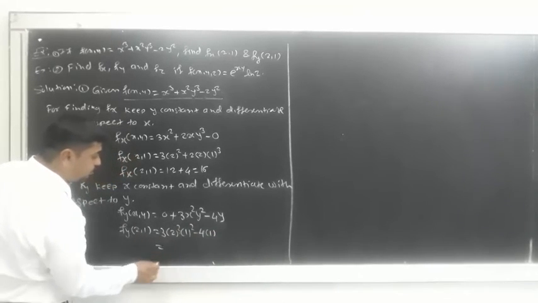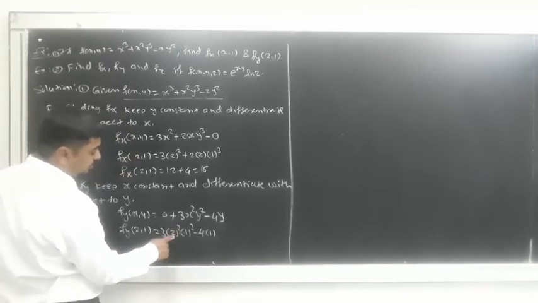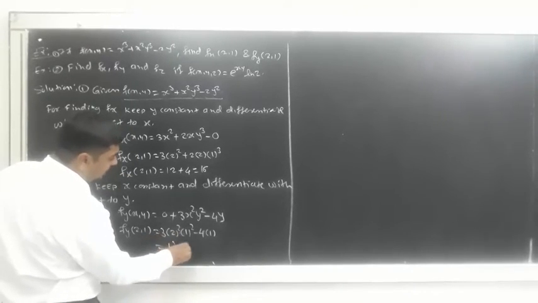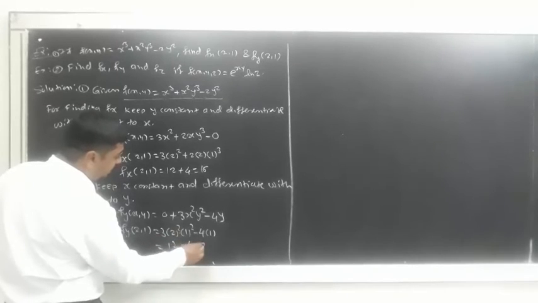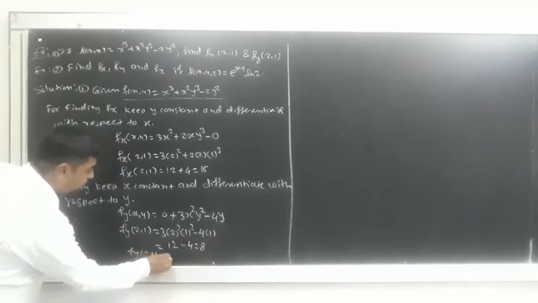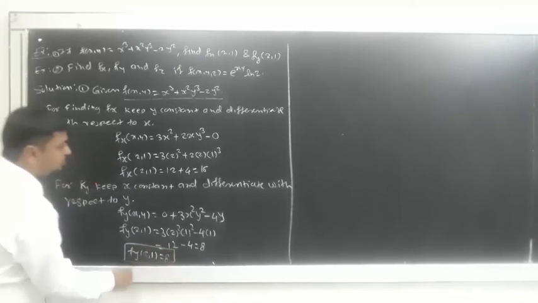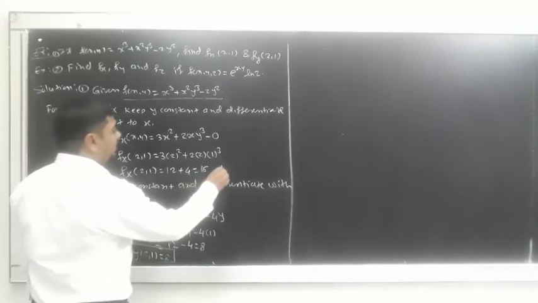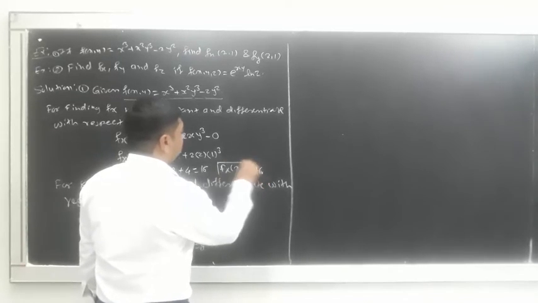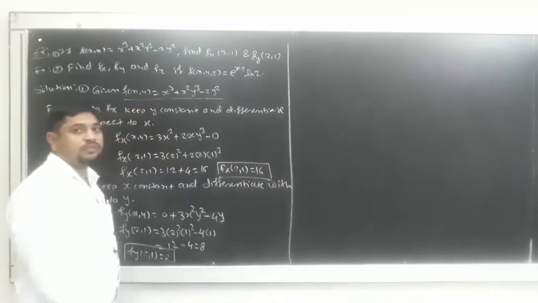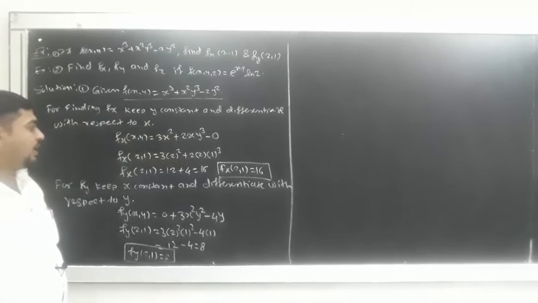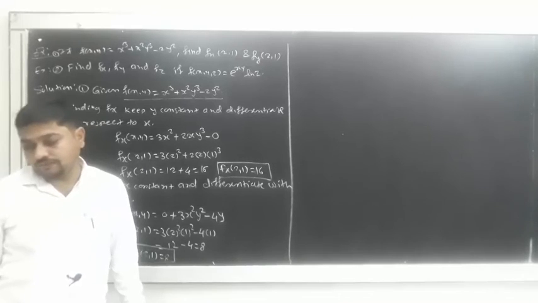This is equal to 3, 2 2s are 4, 4 3s are 12, minus 4, it should be 8. So fy(2,1) is 8 and fx(2,1) is equal to 16. Okay, so we are getting our fx and fy at point (2,1).